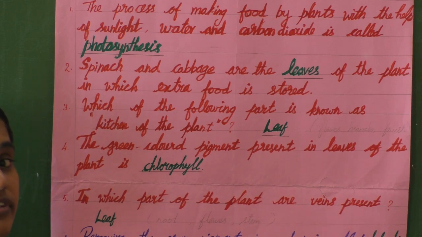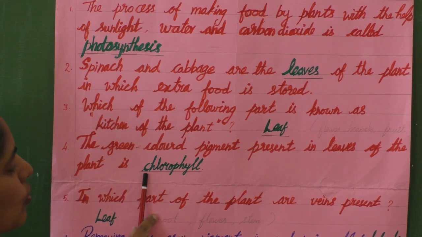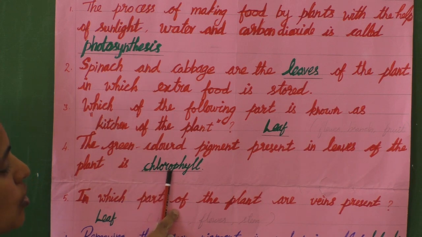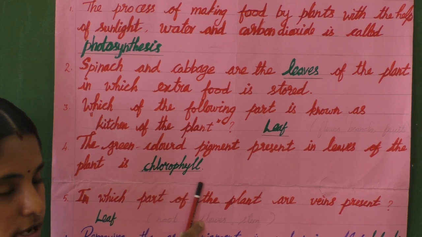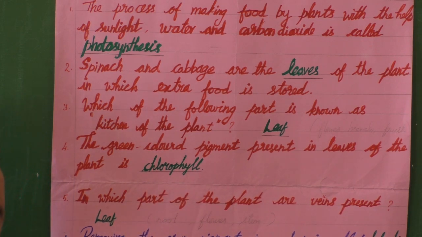What is the particular name of that pigment? Chlorophyll. Okay, C-H-L-O, chlo, R-O, ro, P-H-Y-L-L, phyll. Chlorophyll.